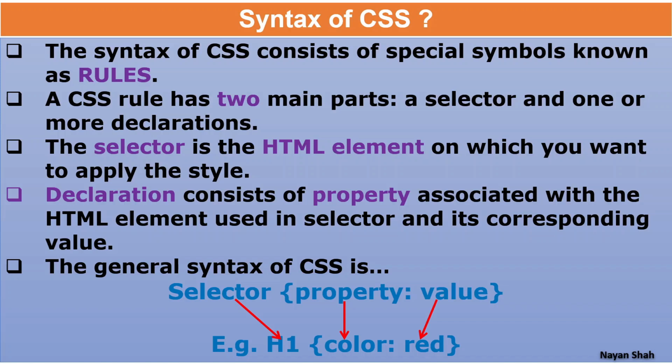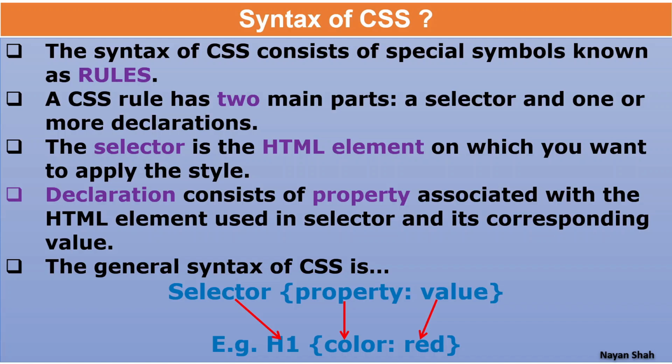The syntax of CSS consists of rules or style rules. A cascading style sheet rule has 2 main parts, a selector and 1 or more declarations.